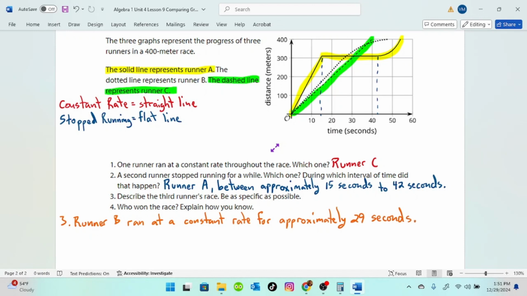Then we see that the line starts to curve and flatten out, and that flattening out means the runner is slowing down. So the runner then begins slowing down until they finish, and they finish just before 50 seconds, so maybe 48 seconds.